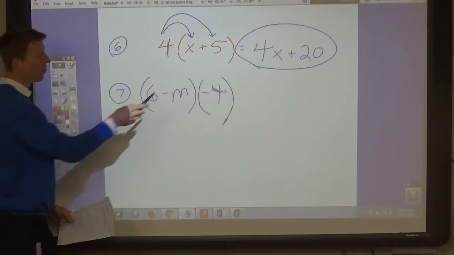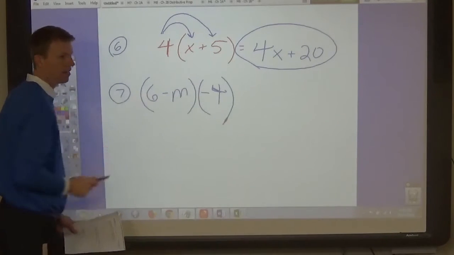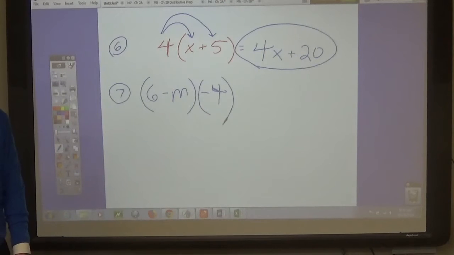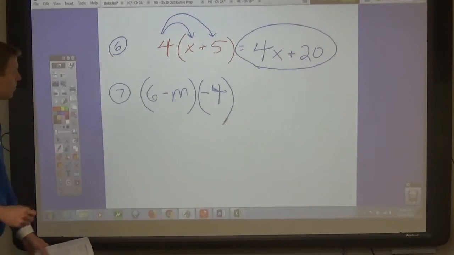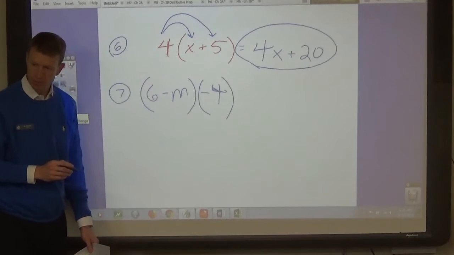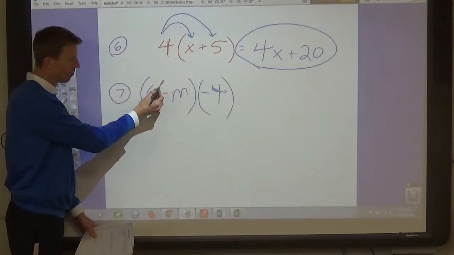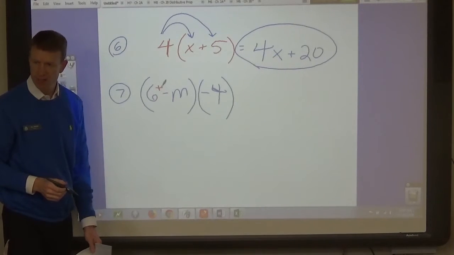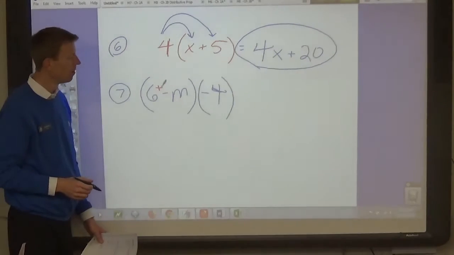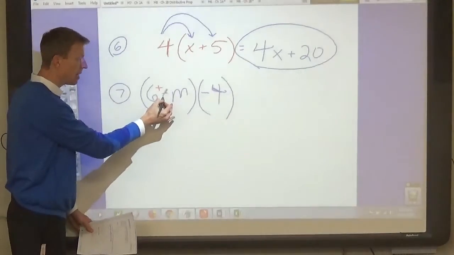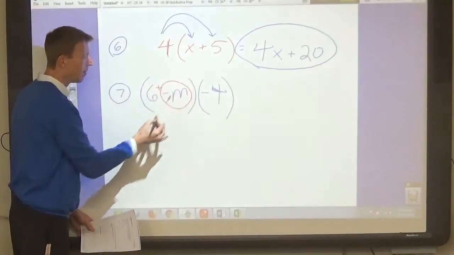Does it matter if this 4 is on the left or the right side? It still means multiplication, right? So Tate, what should we do? What's the first thing we should do? 6 plus negative m, right? This is plus negative m. The minus sign in front of the m makes the m a negative.